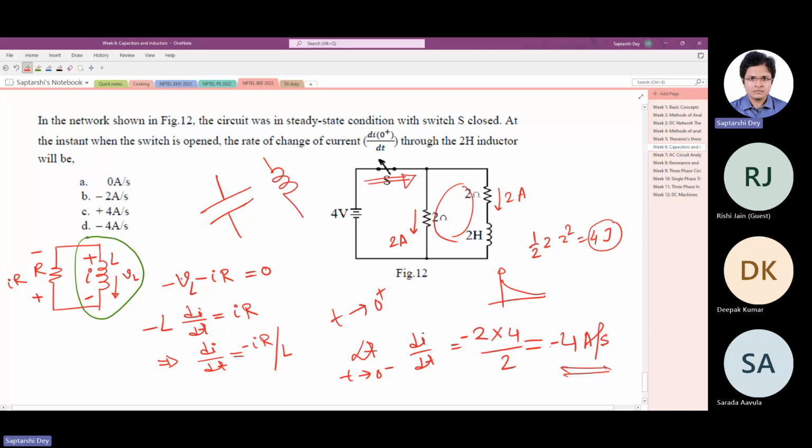If I have to write V equals L di/dt, then with respect to the current, I have to write the voltage this way only. I'd be very happy if you find out these mistakes before I do and tell me that I am making a mistake.